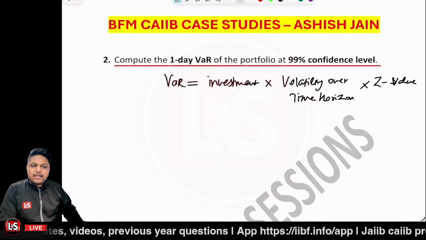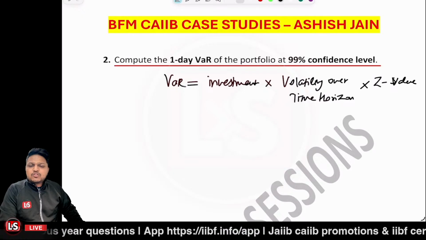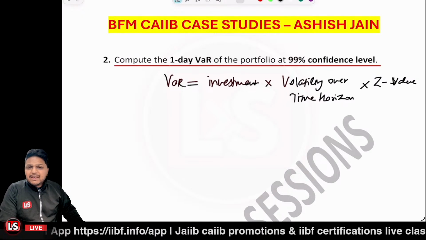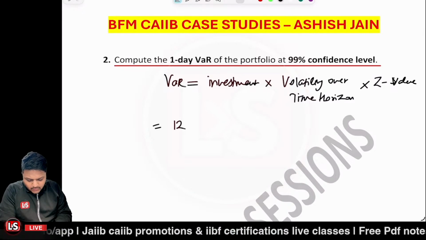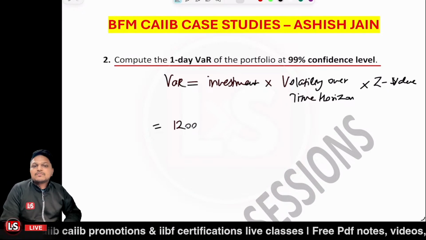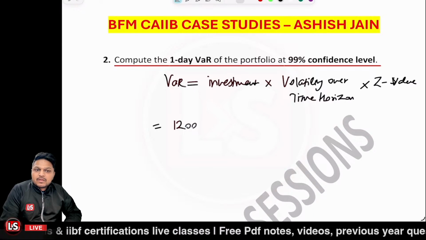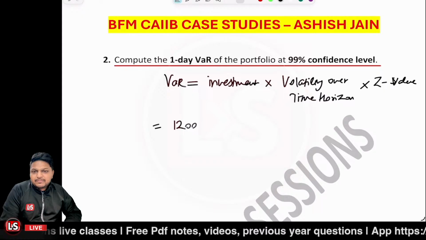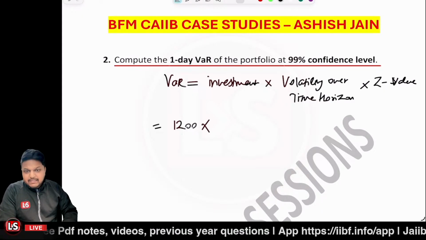That's the formula related to the VAR. Now in this scenario also the same thing is to be done, right? We have the investment value of 1200 crores. And what is the daily yield volatility?